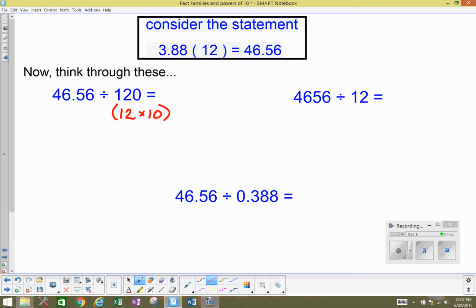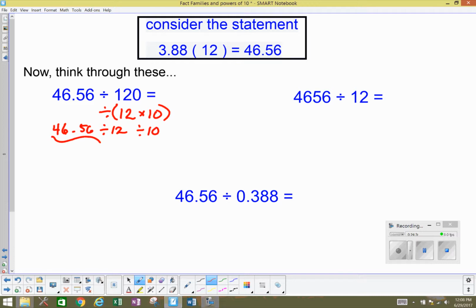But you have to remember that you are dividing by both of them. The division uses the 12. The division is also going to the 10. So we're going to rewrite this as 46.56 divided by 12 divided by 10.